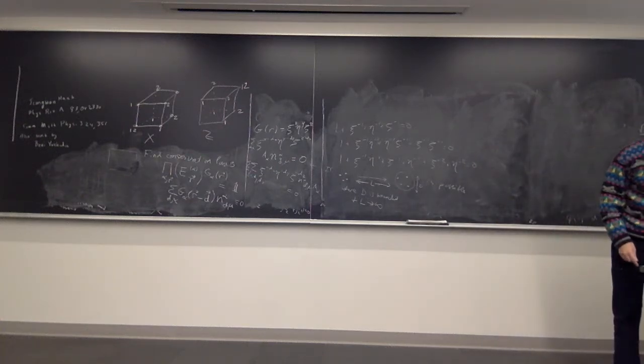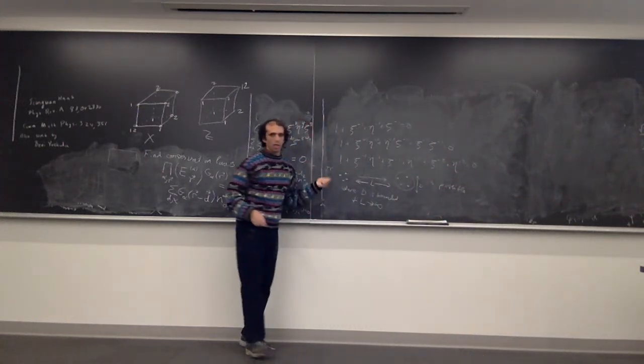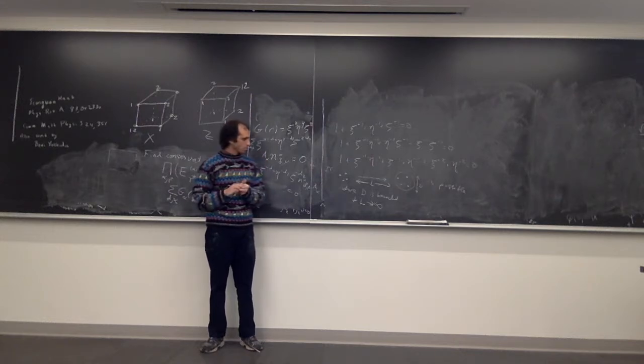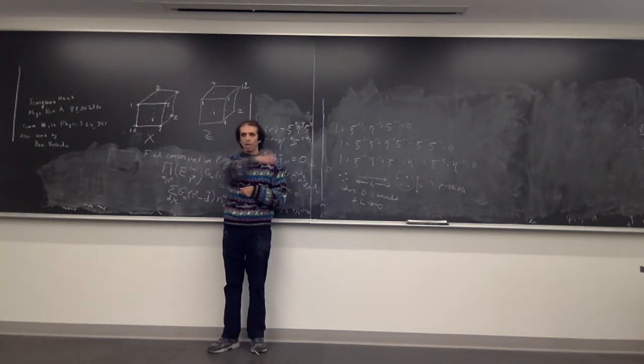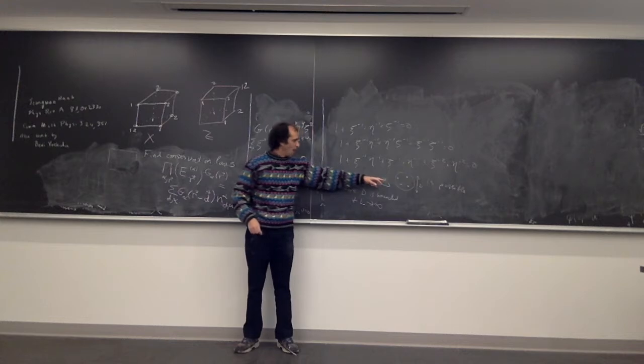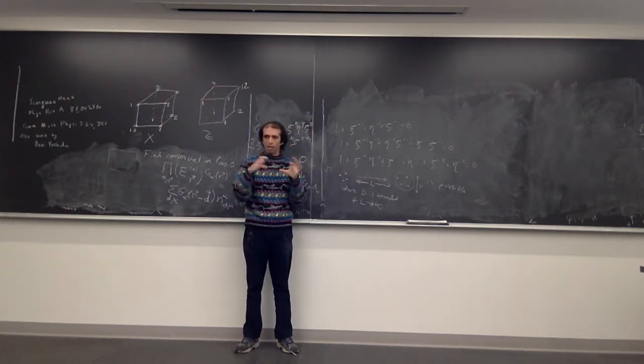So first of all, let me prove it's not possible. Suppose I can move a set of defects any distance. There are infinitely many distances that are possible, and the defects are staying within a finite volume.